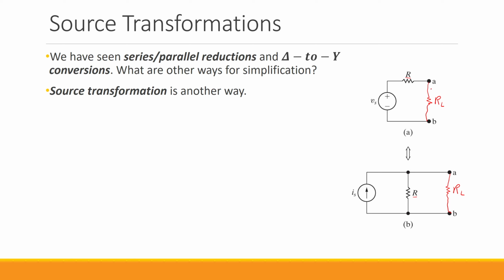If the current that goes through RL I call IL1, and for this one I call IL2, and these two currents are exactly the same, that means the voltage across RL is going to be exactly the same in both of them. So let's start from this point and try to find the relationship between Vs and Is in these two circuits.